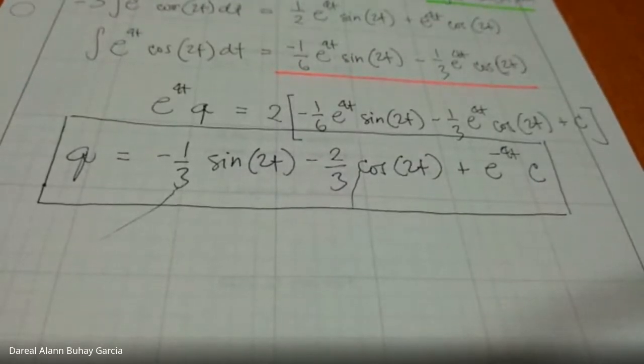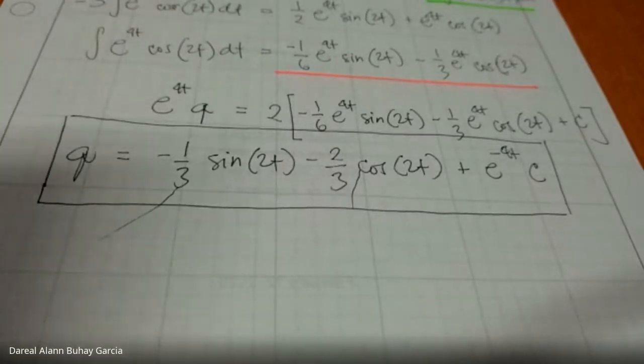Questions so far? Initial value: Q at 0 is 5 coulombs.